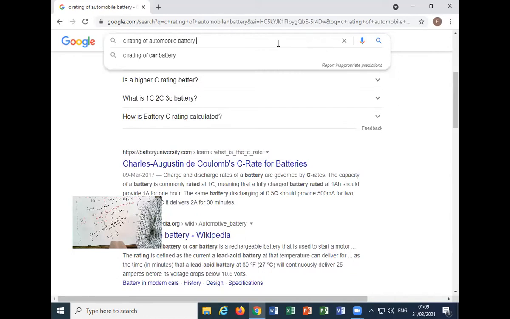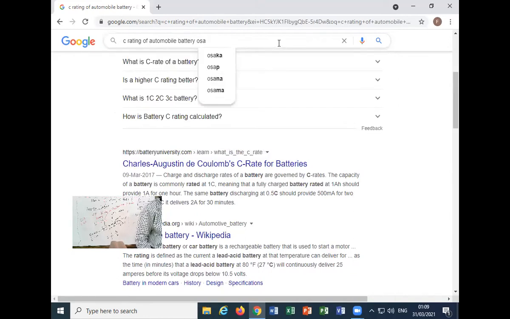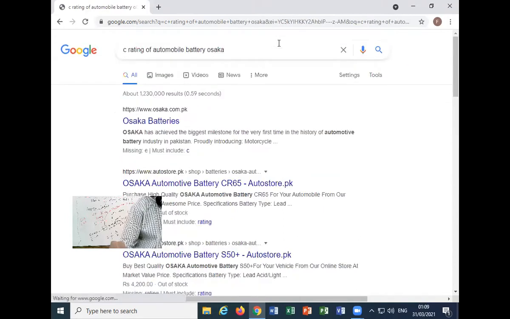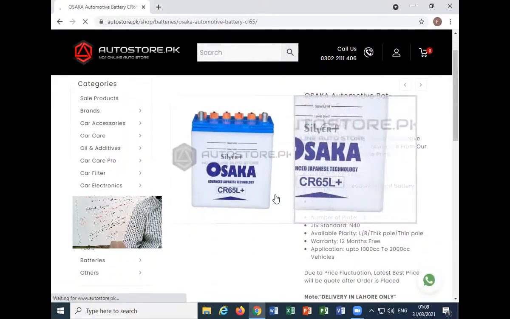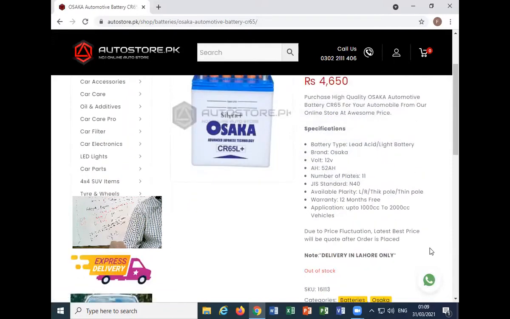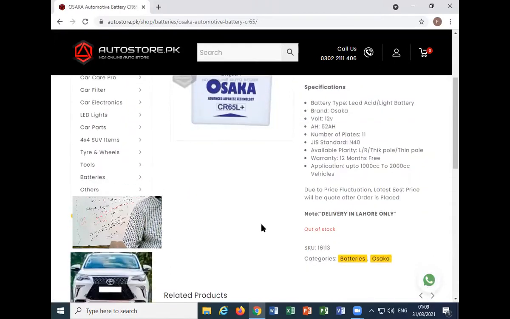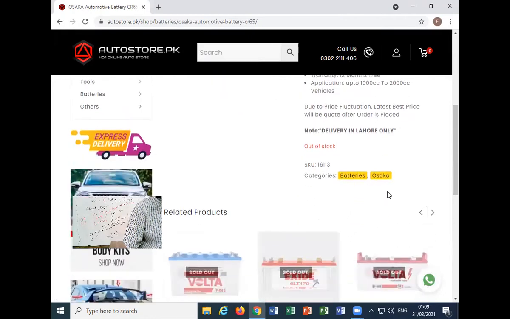Let's look for another manufacturer. Osaka is well another battery manufacturer. Now look, if either they have mentioned the C rating or not. No. Usually such batteries have higher C rating.